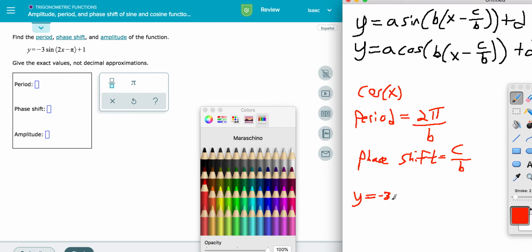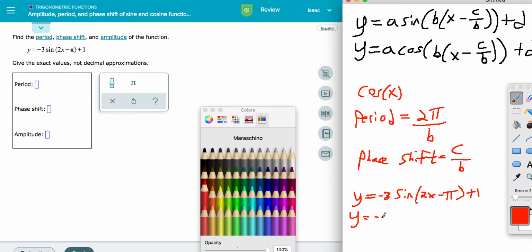You wouldn't say -3, because -3 just means you go in the opposite direction. Sine usually starts going up and then down, but a -3 just means you start going down and then up. So it still has the same amplitude. Okay, so y equals -3 sine 2x minus pi plus 1.